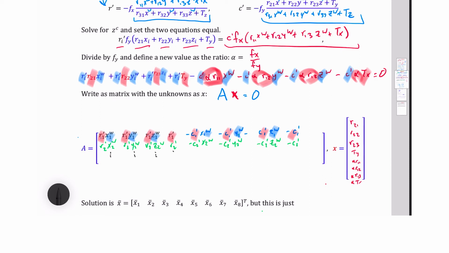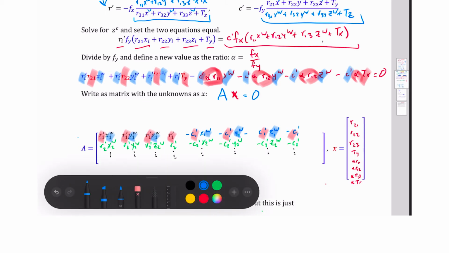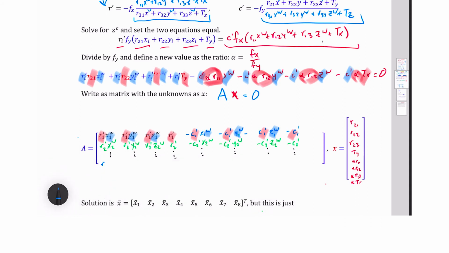You want to have a big matrix because that way any errors you have can be averaged out. The last thing in here is going to be my nth coordinate, the nth point I click on. So that is going to be Rn prime, Rn prime, Rn prime, Rn prime, minus Cn prime, minus Cn prime, minus Cn prime, minus Cn prime.